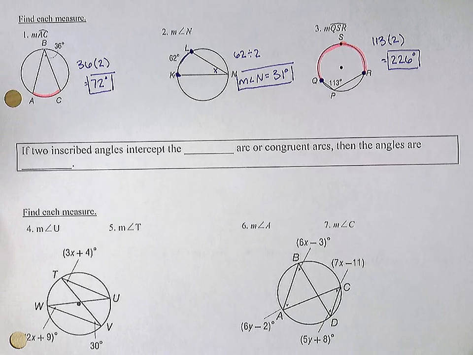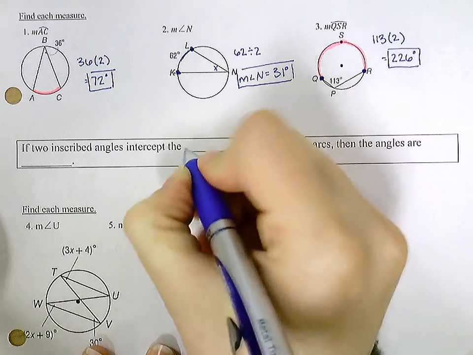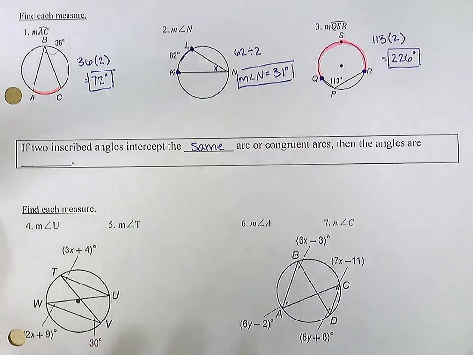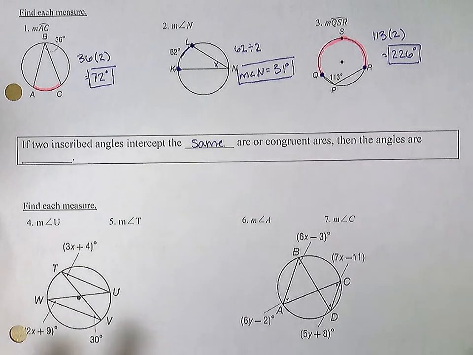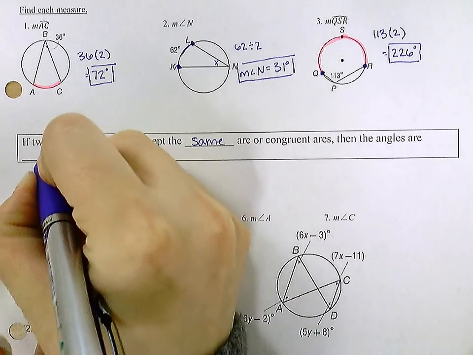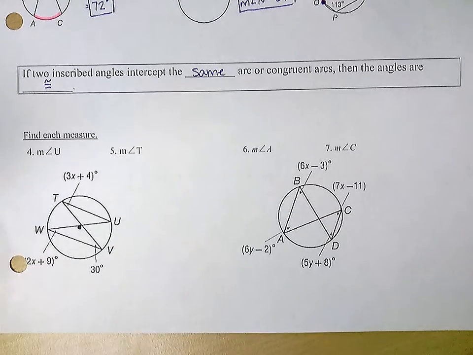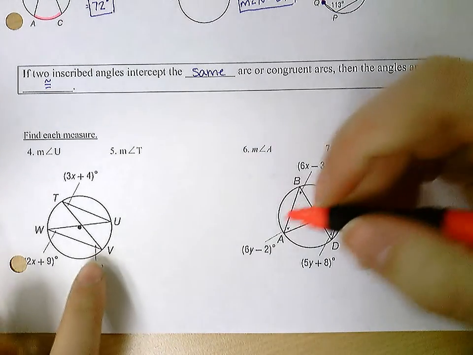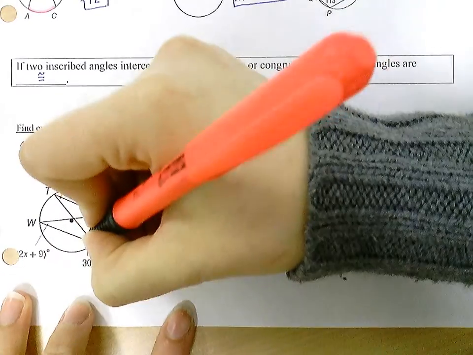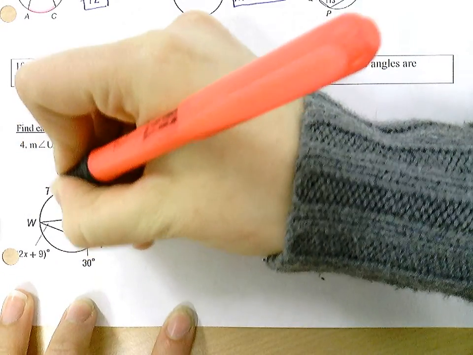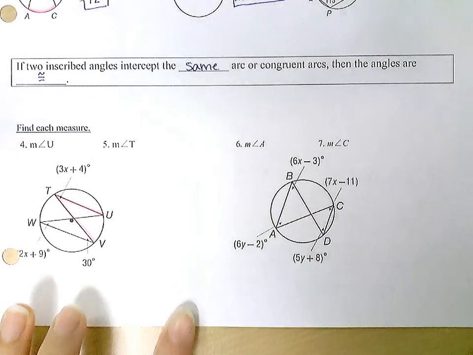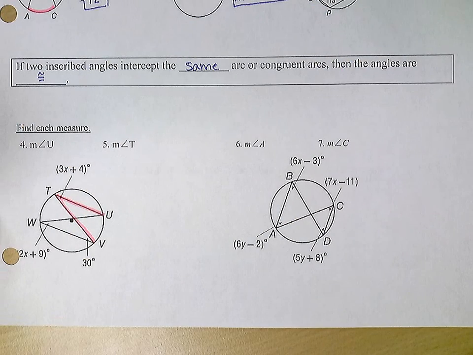Next, if 2 inscribed angles intercept the same arc or congruent arcs, then the angles are congruent. I'm going to show you on the examples below what that says. So if I have this angle VTU, it intercepts that arc VU, right?